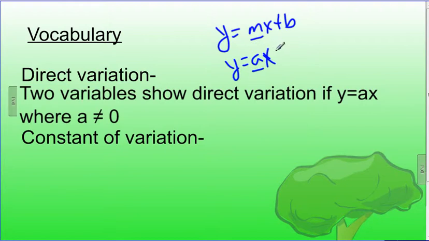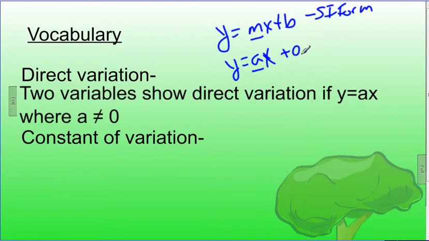One of the major differences here is that this slope-intercept form has a y-intercept, where here the y-intercept is going to be 0. Because you could always just add 0 to something and it doesn't change the problem. So if we have this y equals ax, this plus b will be a plus 0.